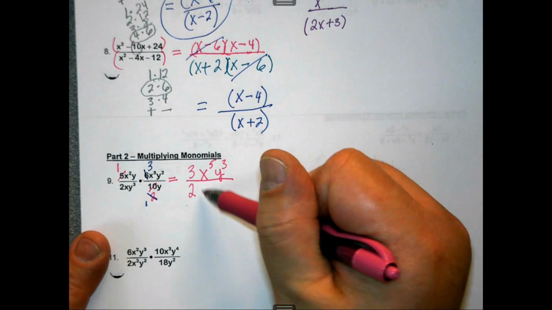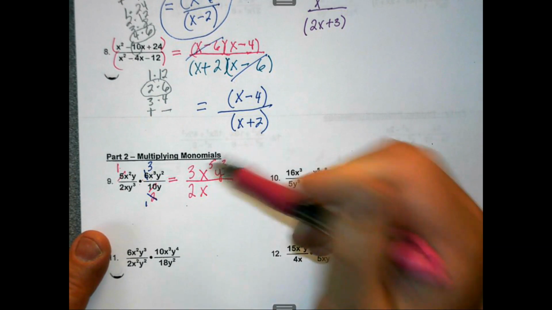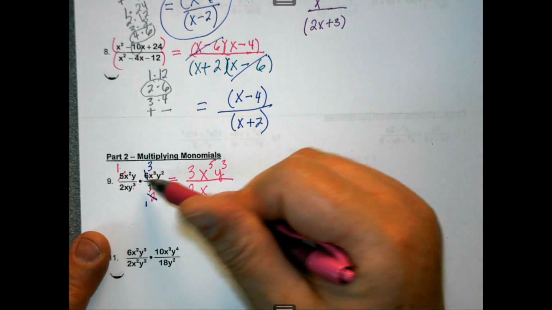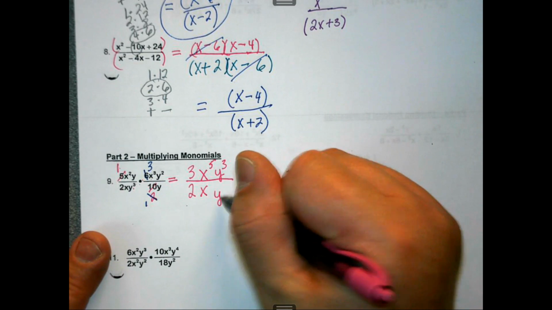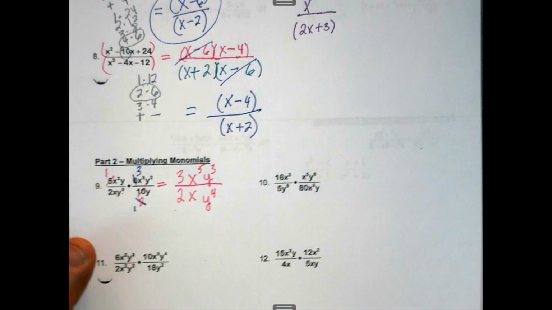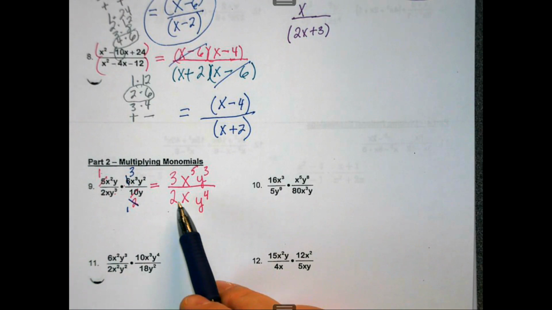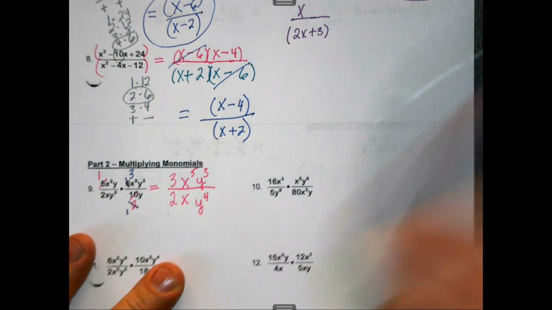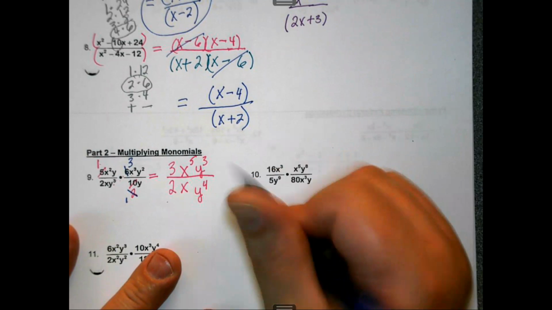Well, I only have the x to the 1st. y cubed times y to the 1st is y to the 4th. Now, you can apply the exponent rule for the quotient property, right? But since we've been canceling, we just go ahead and keep canceling.